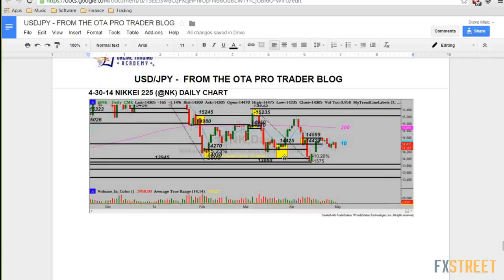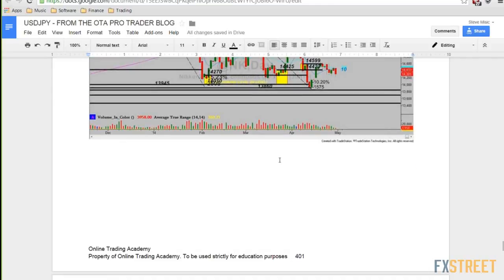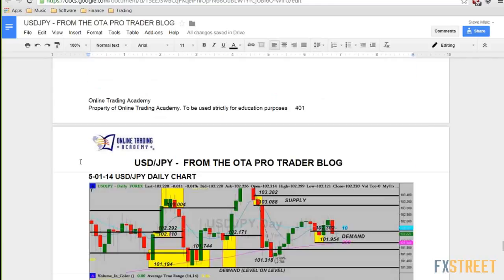We'll start with the beginning of May 1st, and we'll catch up to the present. Okay? So hopefully that very boring trading range for both the dollar and the Nikkei, the dollar versus the Japanese yen and the Nikkei. But that's the way trading is sometimes. Sometimes it's exciting. Sometimes it's what you see here.